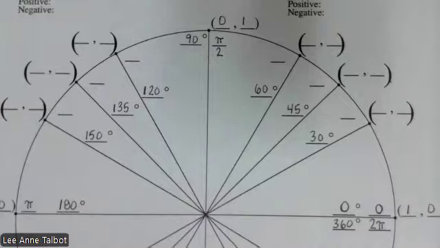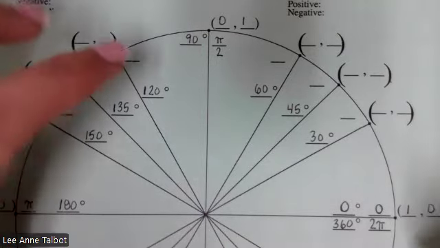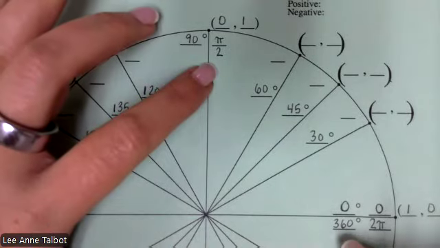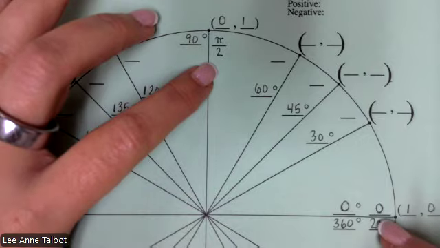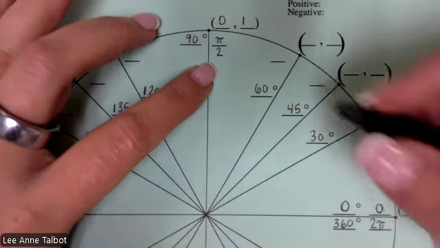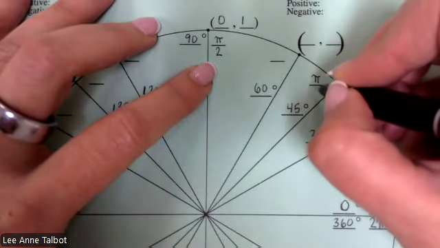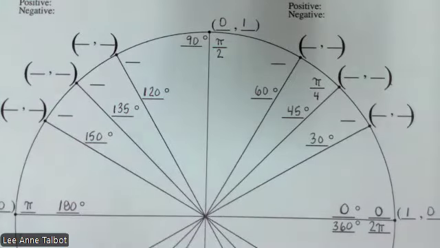Half pi is pi over 2. Okay, now what would be halfway between 0 and pi over 2? Pi over 4.